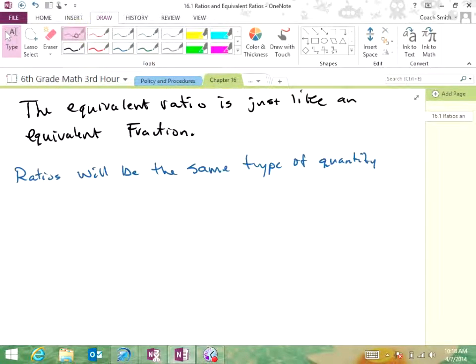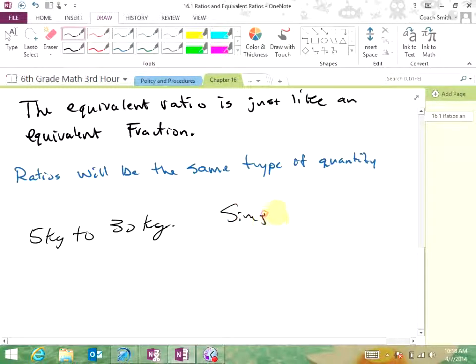So let's look at what I'm talking about. For example, 5 kilograms to 30 kilograms. And they want you to simplify. Okay, well, simplify that. What would it be simplified?